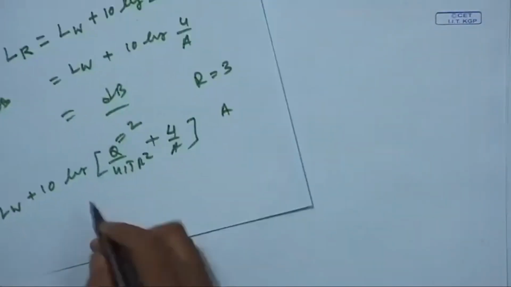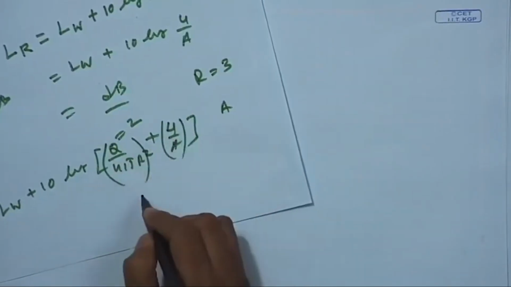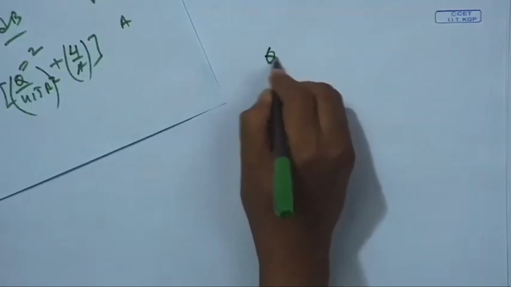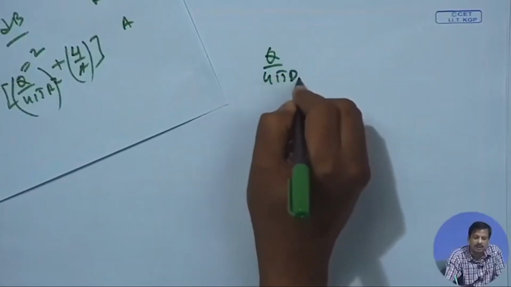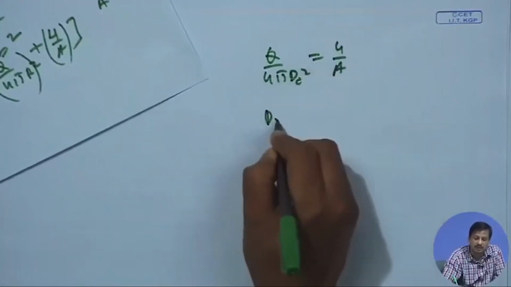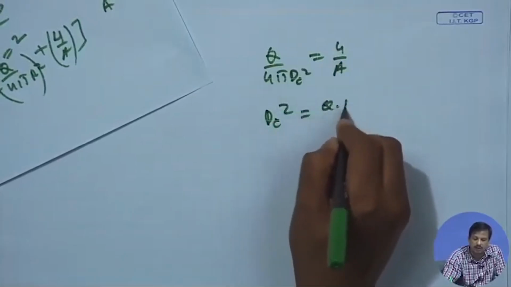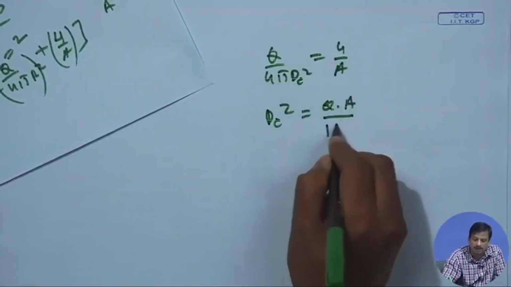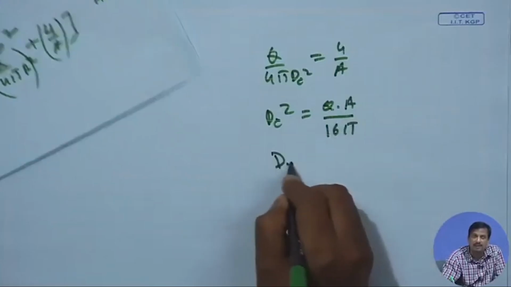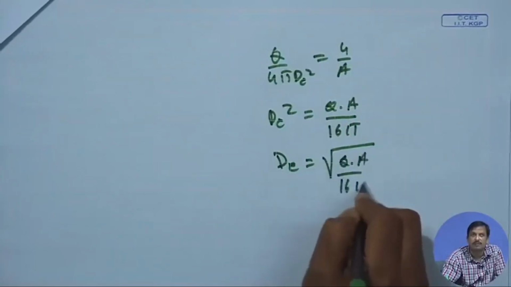What is critical distance? Critical distance is the distance where the direct sound power and reverberation sound power are the same. So Q by 4 pi DC square is nothing but 4 by A. So DC square is Q into A by 16 pi, and DC is root over of Q into A by 16 pi.